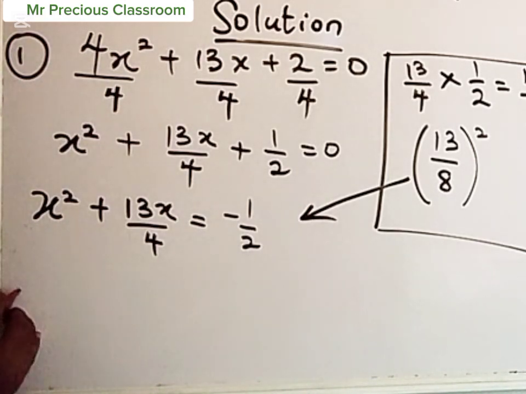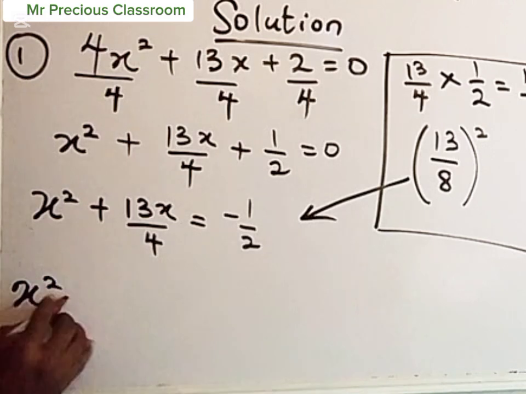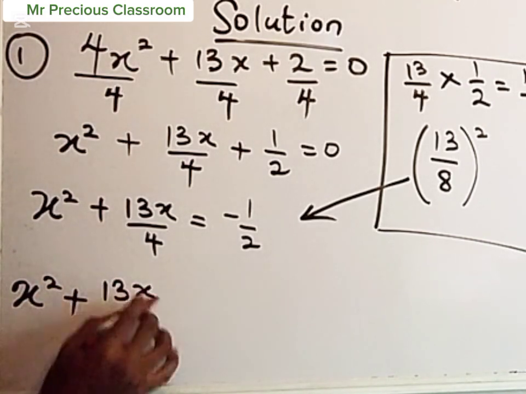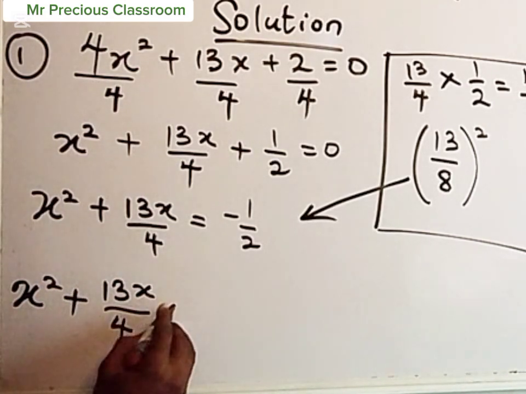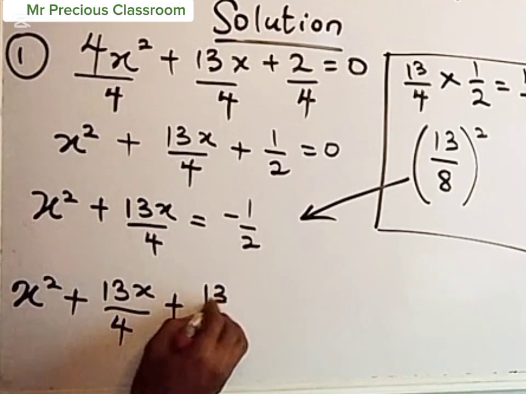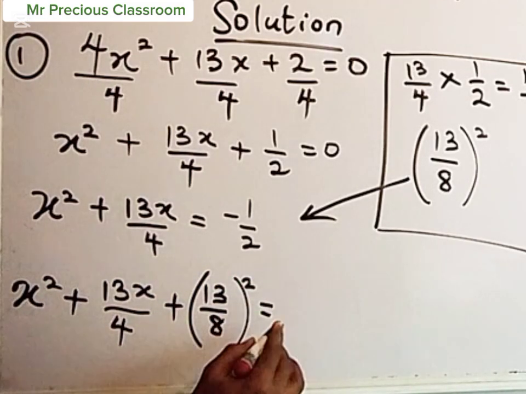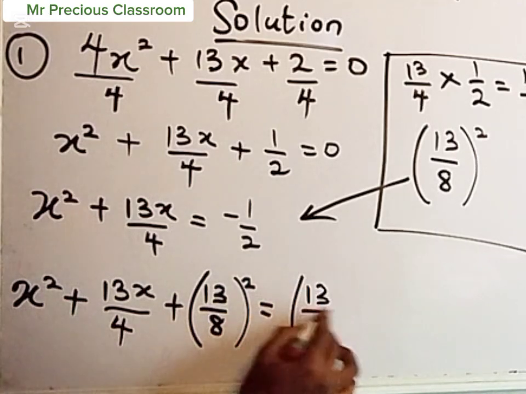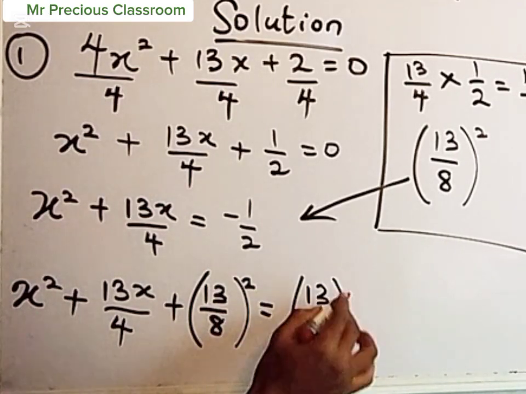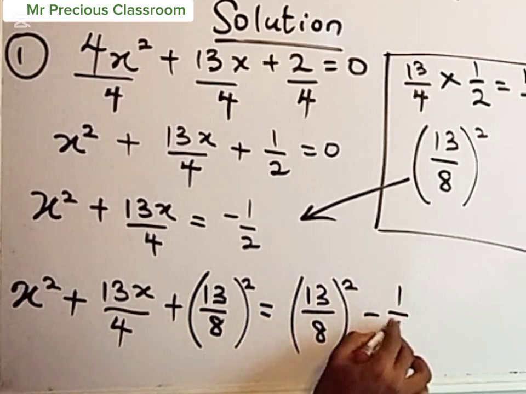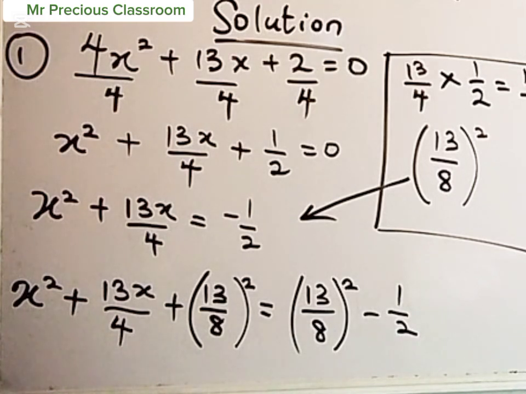So in the left hand side, we introduce it: x squared plus 13x over 4 plus 13 over 8 all squared. Also, in the right hand side, you also introduce that same 13 over 8 all squared, minus 1 over 2. Beautiful. So now we continue by factorizing.